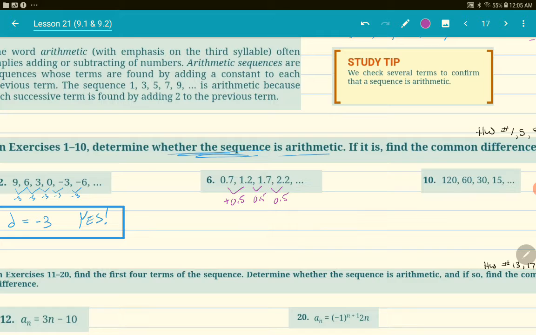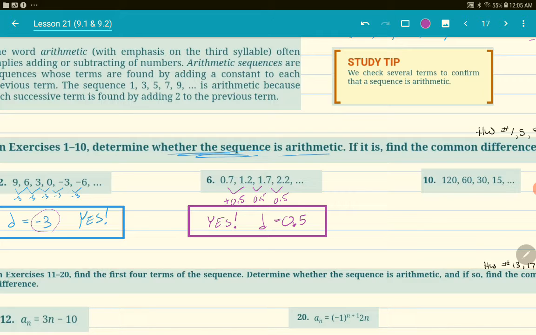So yes, this one does appear to be arithmetic as well. And my common difference is 0.5. So notice that the difference can be negative, it can be a fraction or a decimal, as long as it's the same between each element of that sequence.